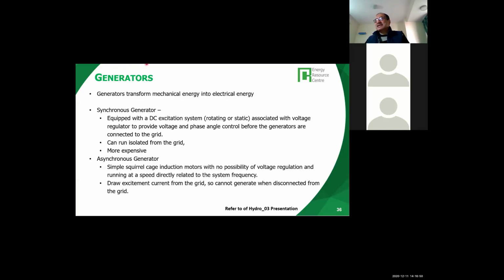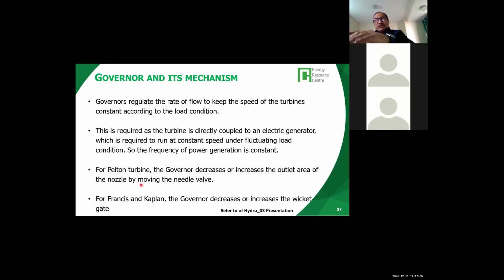Another thing we have to think about, which I think I already discussed in the presentation on Hydro03, is that there are 2 types of generators, synchronous and asynchronous. I will not go over it again, but I would like to mention that the turbines have to be connected to the generators to generate the electricity.